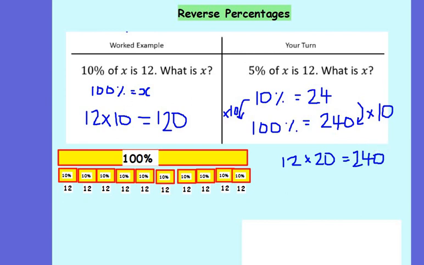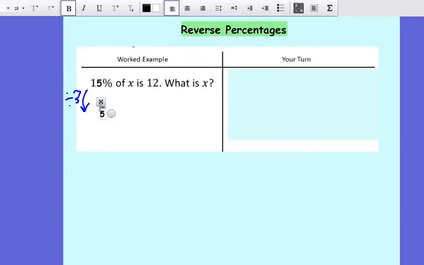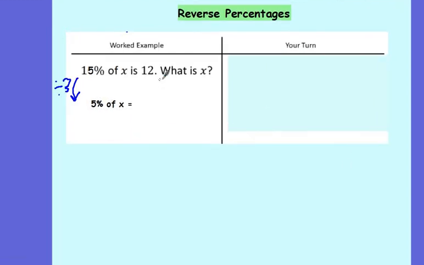Let's do another one. 15% of x is 12. What is x? So this time we can't just multiply 15 by a whole number to give us 100%, can we? But what I could do is I could divide it by 3. That would tell us that 5% of x is going to be 12 divided by 3.